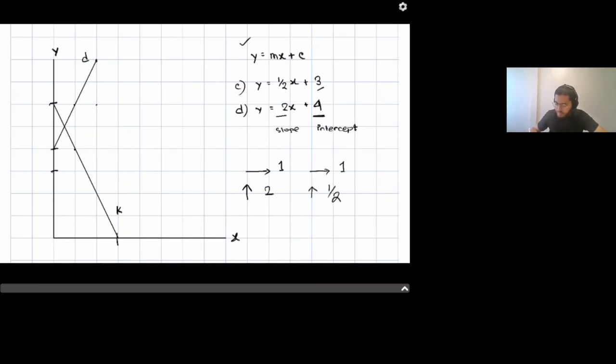And if I were to multiply both of these values times 2, that would mean for every 2 blocks I go to the right, 1 block up is the general direction. So 2 blocks to the right, and 1 block up. 2 blocks to the right, and 1 block up. And if I connect these 2 points, that is line C.